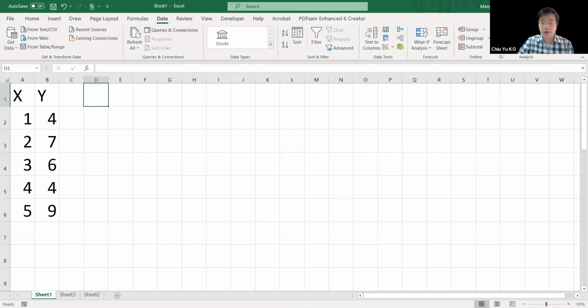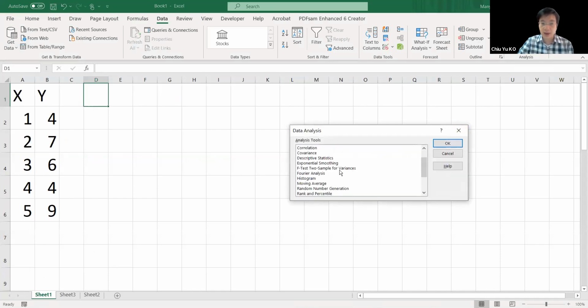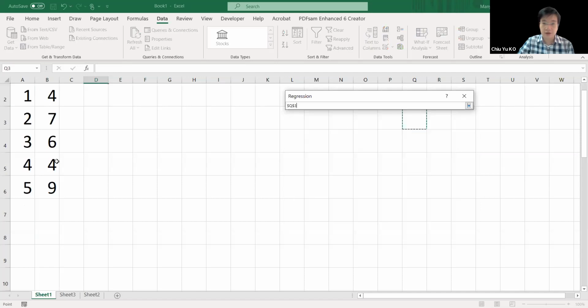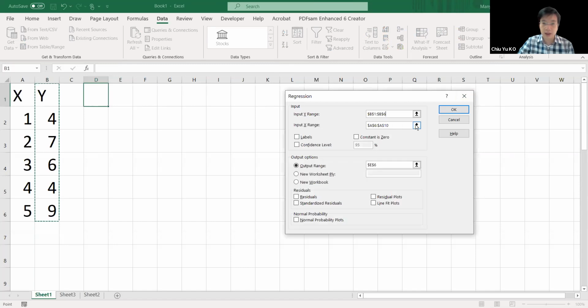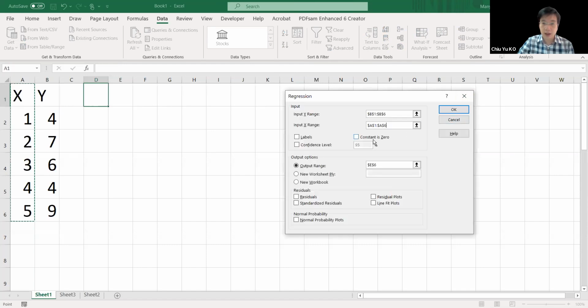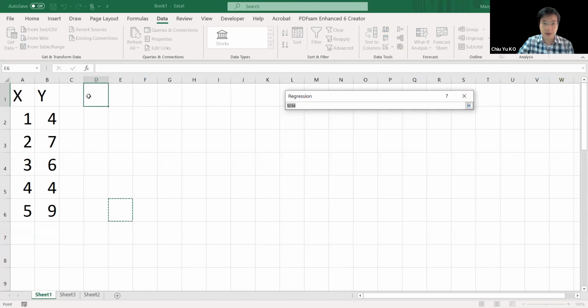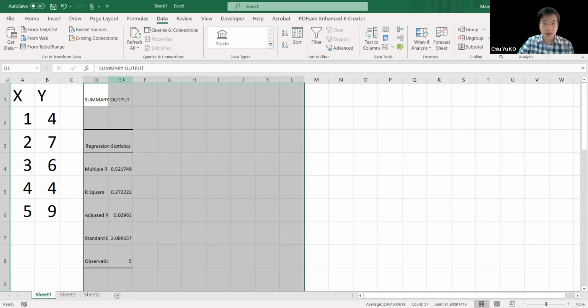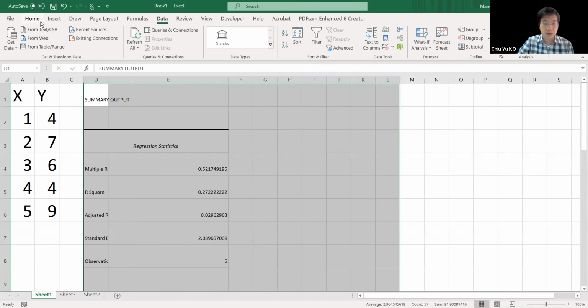Yes. So what I do is Data Analysis, and I go to Regression. The Y range will be from here to here, I highlight them all, and the X range I also highlight. I have a label because of the top row, and I choose the output. I just put it here and click OK. Then you will see the output here. I'll make it bigger.